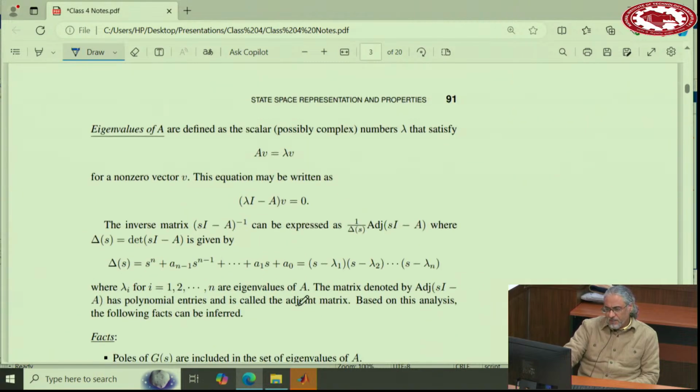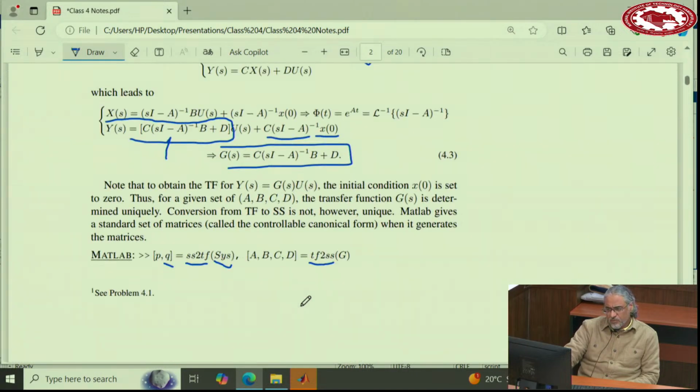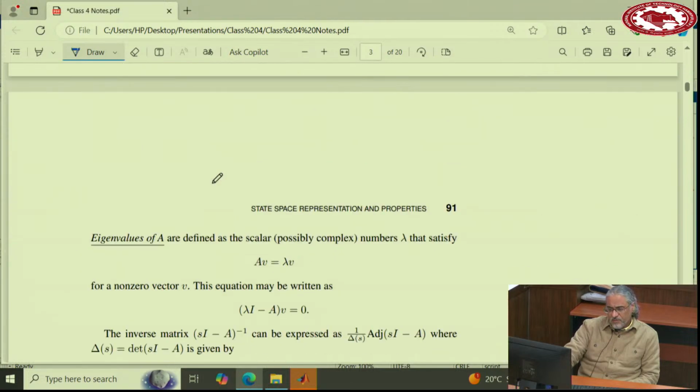Okay. Now, what played the main role in the transfer function was the poles of the transfer function. Here you will see, and I'm going to prove quickly, that the eigenvalues of this matrix A play the same important role, and even more. Eigenvalues of matrix A: the definition of eigenvalues, you know, Av equals lambda v, where lambda is a scalar and v is a non-zero vector.